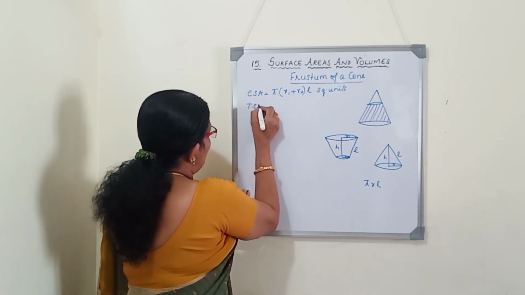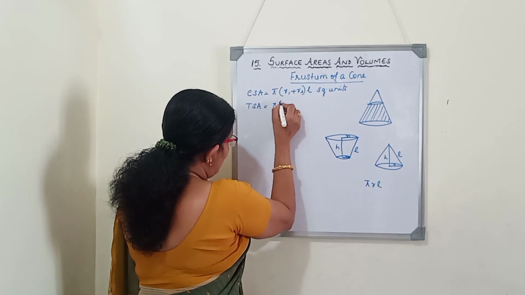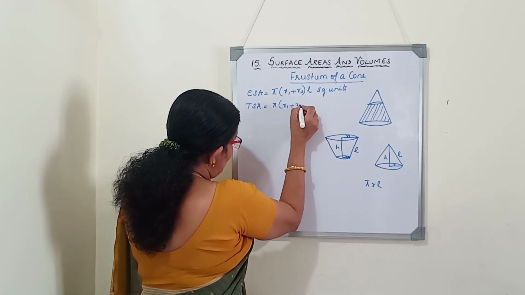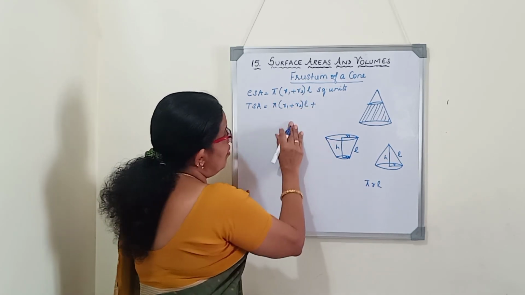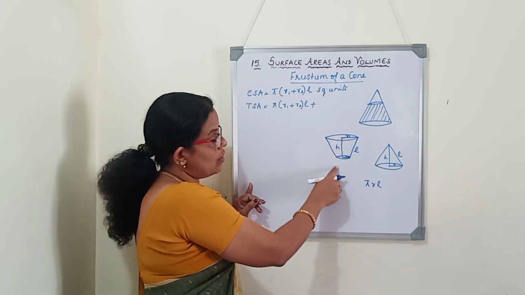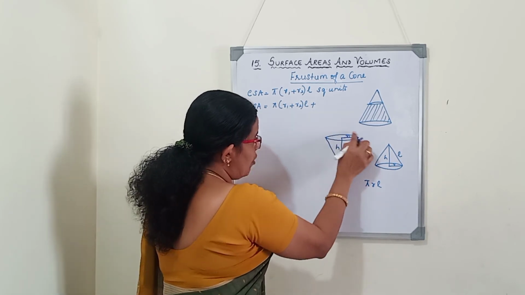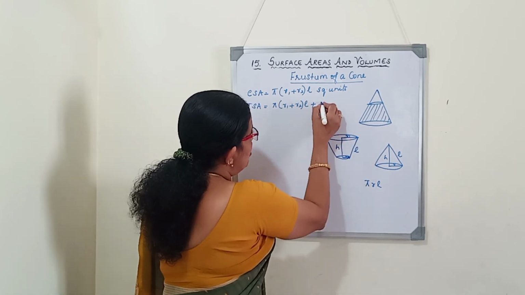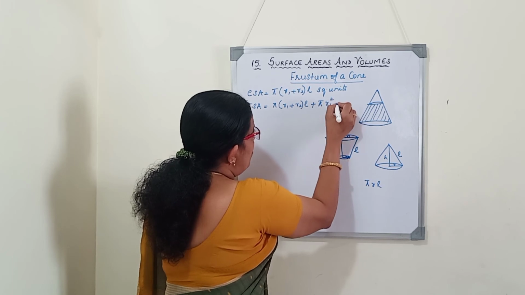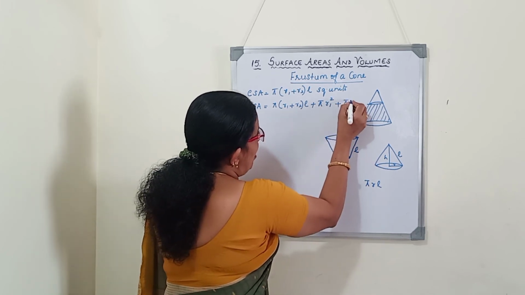TSA of the frustum of a cone is, first the CSA, that is pi into R1 plus R2 into L, plus we have two circular surfaces. So we have to add both the areas to find the total surface area. This part is a circular surface with radius R1, so pi R1 square, plus this is a circular surface with radius R2, so pi R2 square.